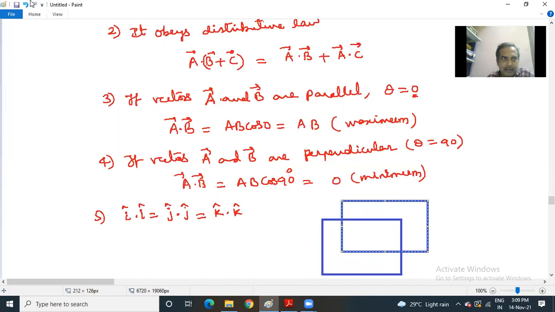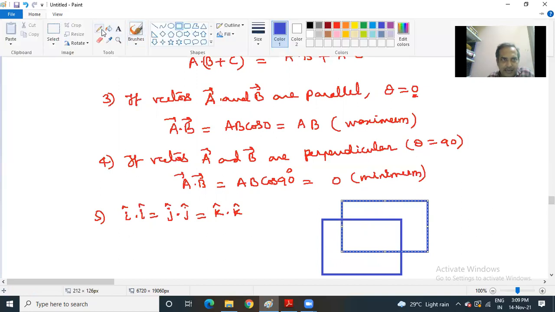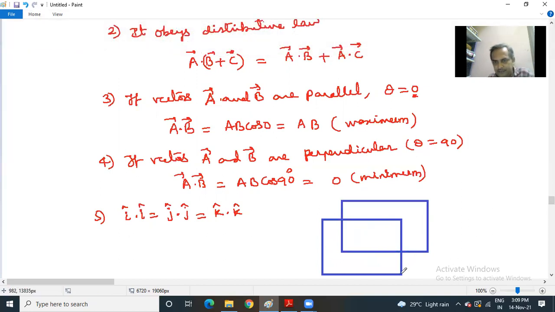You can draw the x-axis, y-axis, z-axis. Let us say this is the x-axis, and you can draw one more x-axis. So I cap and I cap are parallel, which means the angle between them, theta, is 0.